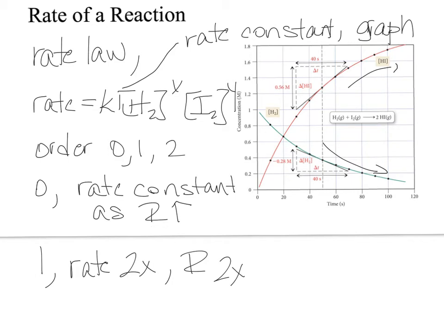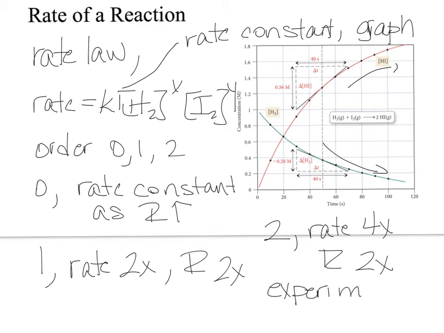And if something is second order, rate quadruples as the reactant doubles. The only way for us to know these orders is to determine them experimentally. And it can be any order, it just depends on the mechanism of that particular reaction. All right, so let me erase for a moment.